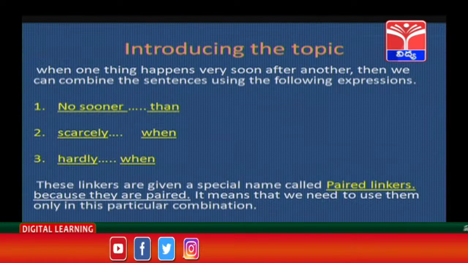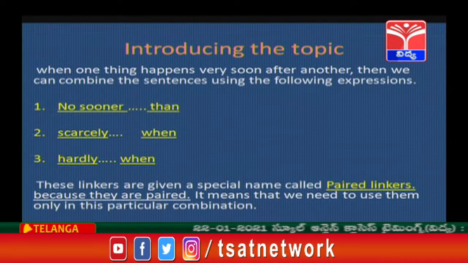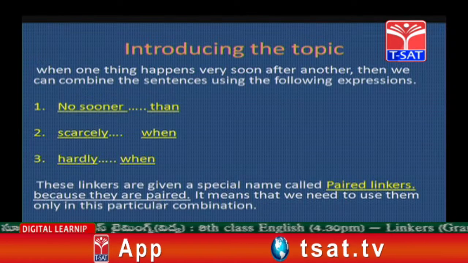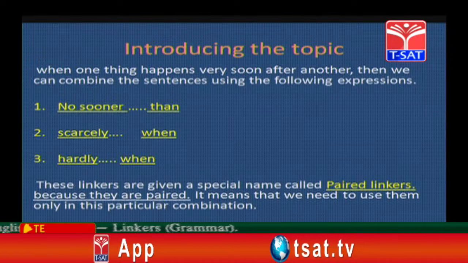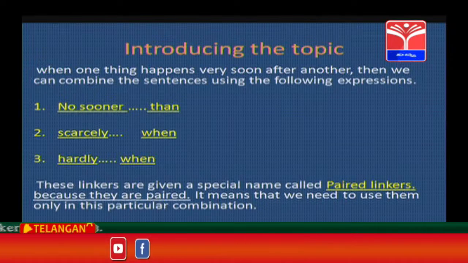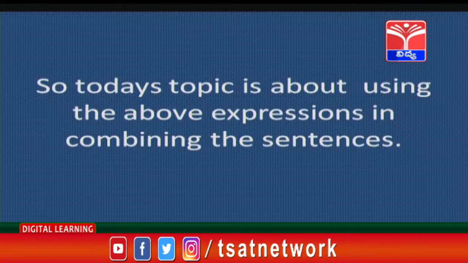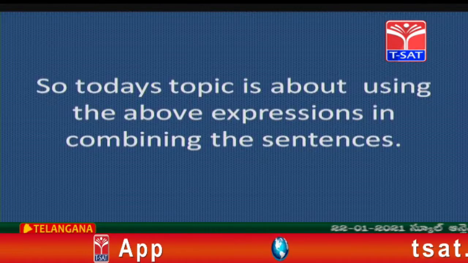Hardly when. These linkers are given a special name, called paired linkers. Because they are paired, it means that we need to use them only in this particular combination. So, today's topic is about using the above expressions in combining the sentences.